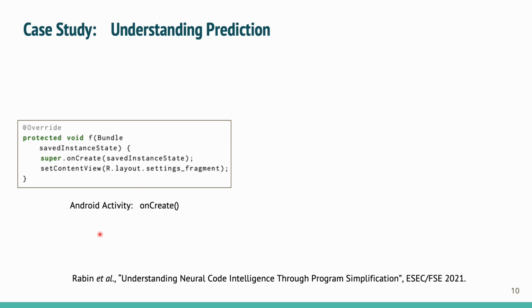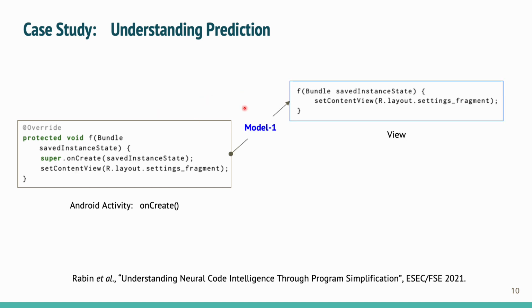This program is the onCreate function of an Android activity. It has an override function with the same name and the setContentView API call that the activity uses to attach a view. After reducing the program with a model, we can observe that the model uses the information about the view to recognize this code as an Android activity onCreate API.